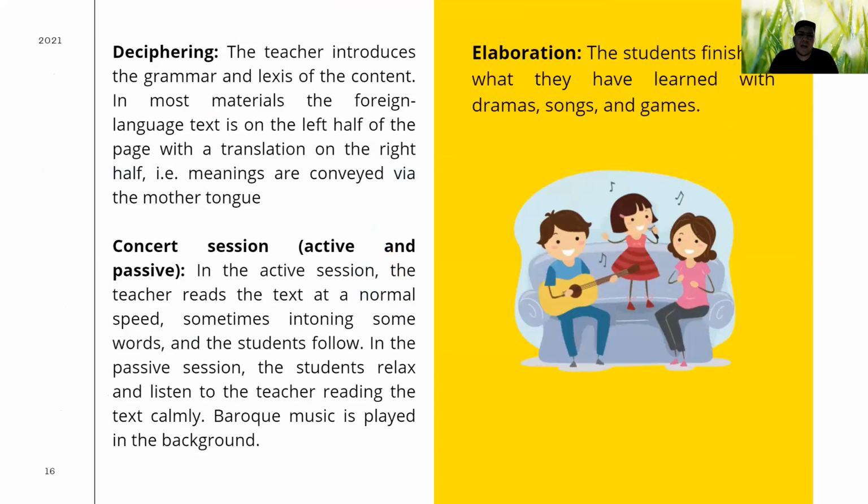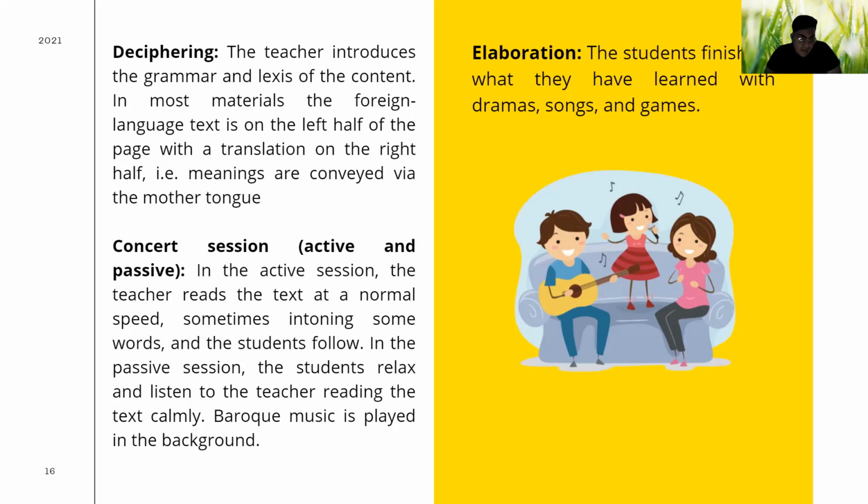In the first phase, the teacher introduces the grammar and lexis of the content. This is the deciphering. In most material, the foreign language text is on the left half of the page with the translation on the right half. Meanings are conveyed via the mother tongue.